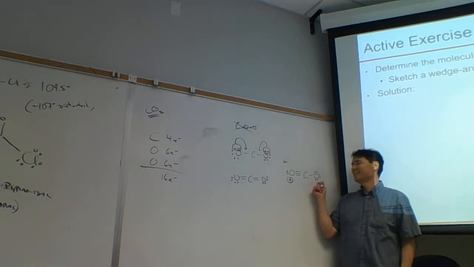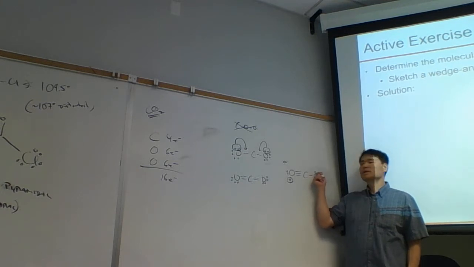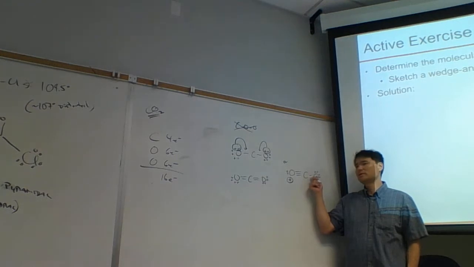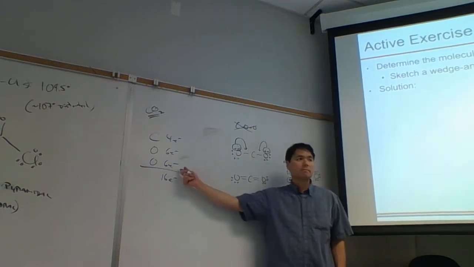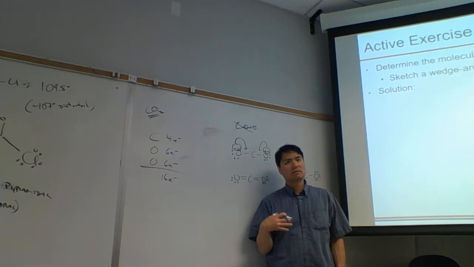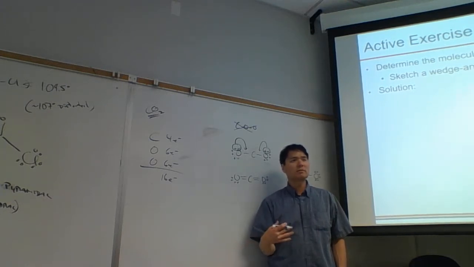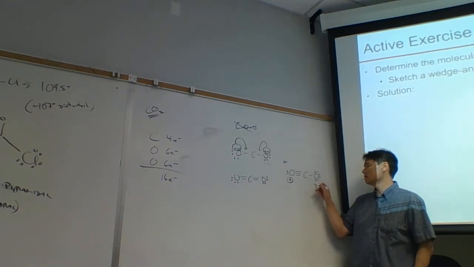This one is how many? 2, 4, 6, 7. Because we split these 50-50. So 2, 4, 6, 7. This one ends up with 7 electrons. How many did it put in? 6. So it put in 6, it got 7. If it put in 6, got 7, it came out with an extra electron. If it comes out with an extra electron, is it positive or negative? An extra electron makes it negative.